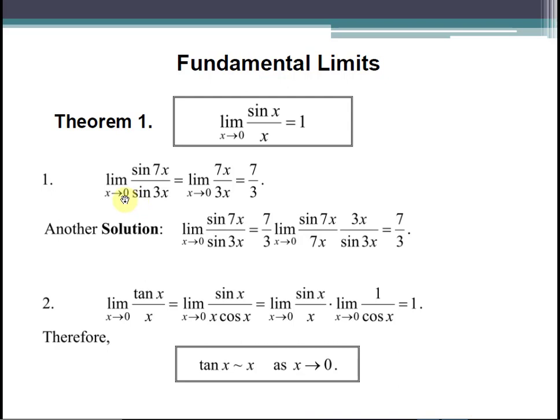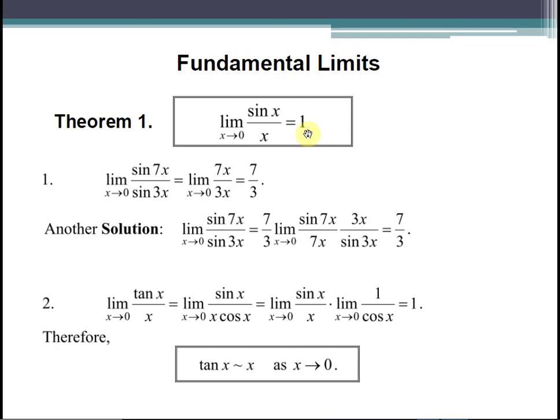Limit as x tends to 0, sine 7x over sine 3x. Here we have the expression as 7x over 3x, because from this theorem 1 we can say sine x is equivalent with x.